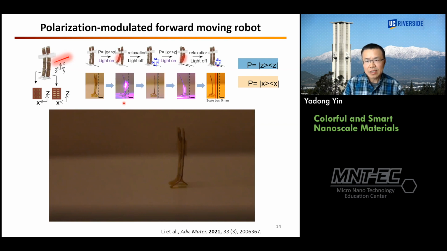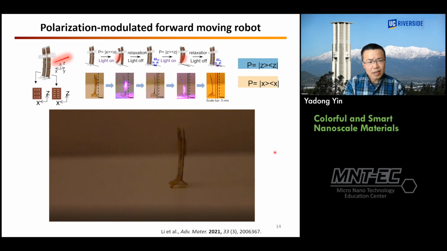If the light illumination is very strong, you generate a lot of heat, and if the heat cannot dissipate quickly, the gold nanorod can melt. That adds a little complexity about the stability. But to drive this kind of movement, we don't have to use a very strong laser, so there's no problem with stability.